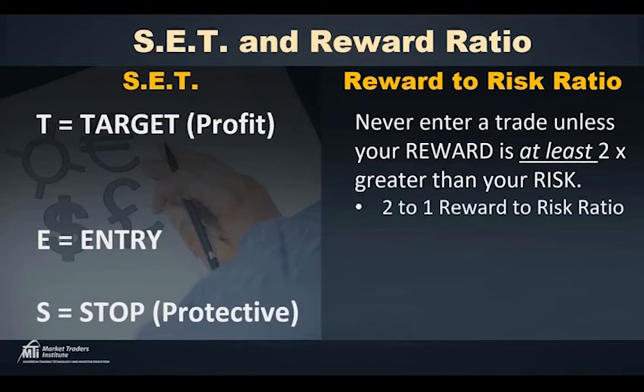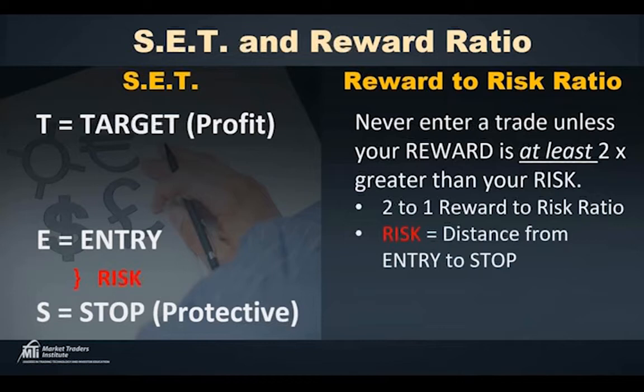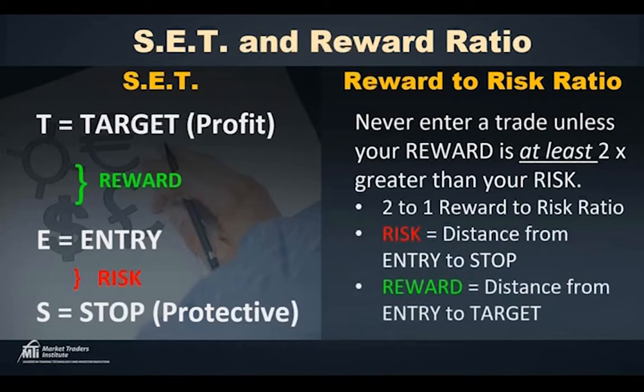Those don't happen often, but they are out there. Okay, so the way this works is the risk is the distance from your entry price to where your protective stop is. Your reward is the distance from your entry to the target. That's to the profitable side. So the example would be, say you are risking 100 pips. That means your reward should be 200 pips or more.